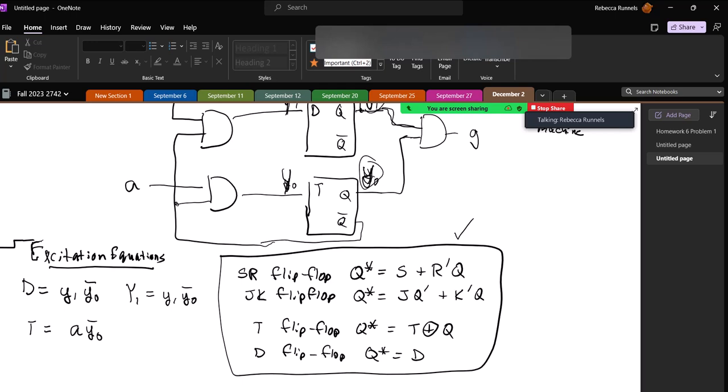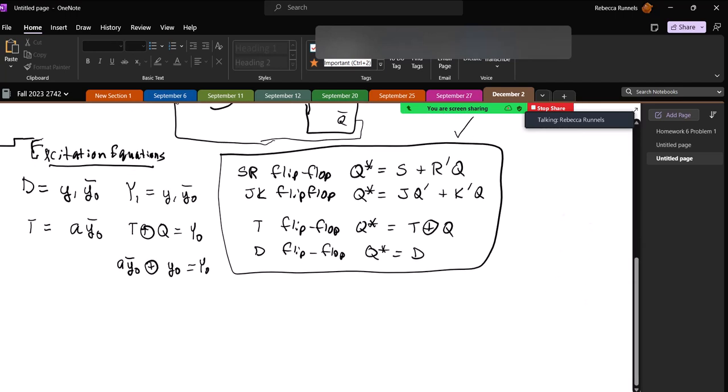But for T, its characteristic equation is T exclusive OR Q, and that's what Y0 is going to equal. Well, T is A and not Y0, exclusive OR Q. Well, Q is the output, and the output for this one is Y0. So this is my transition equation for Y0. So that's Y0 and Y1.